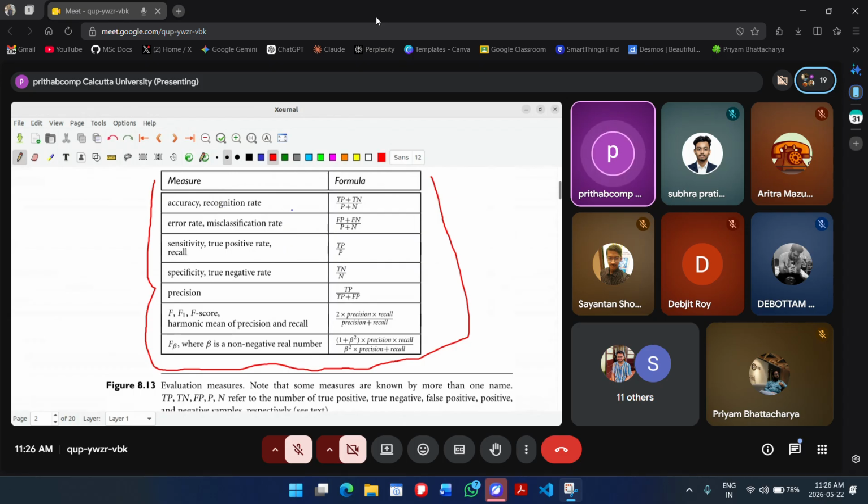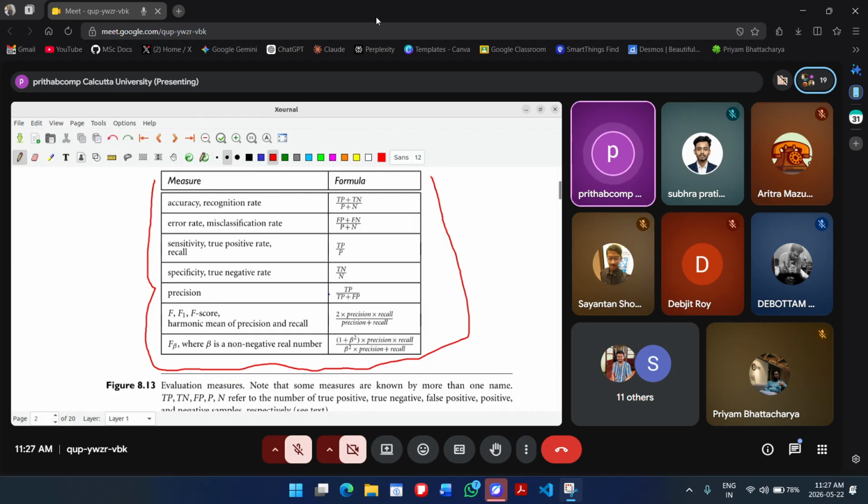So this accuracy and misclassification rates are measures which give an overall idea, and this sensitivity and specificity are more of a deep insight into the performance of the model.